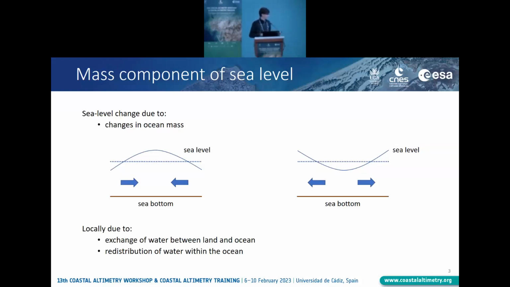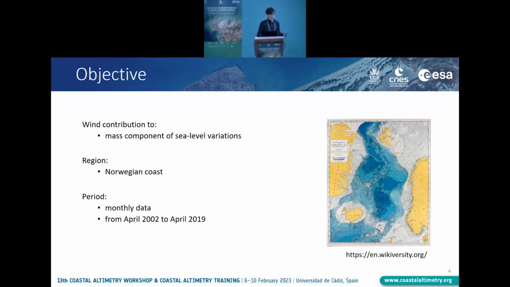And this can be because there is an exchange of water between ocean and land, for example, due to melting of ice sheets or glaciers, but also because there is a redistribution of water within the ocean due to the contribution of winds or pressure. And in this project in particular, we will be dealing with the contribution of winds to the mass component of sea level on intraannual timescales along the coast of Norway. And we'll be using monthly data over a period that goes from April 2002 to April 2019, so over an 18 years period.